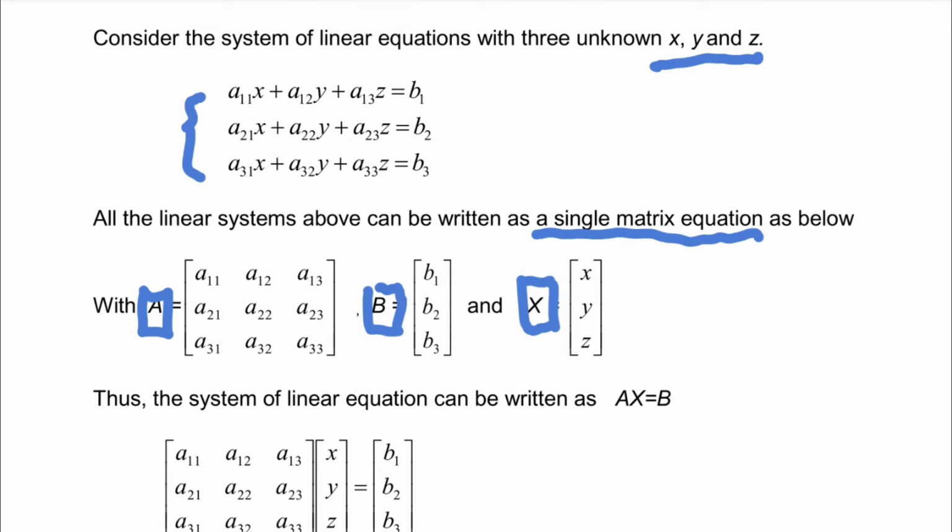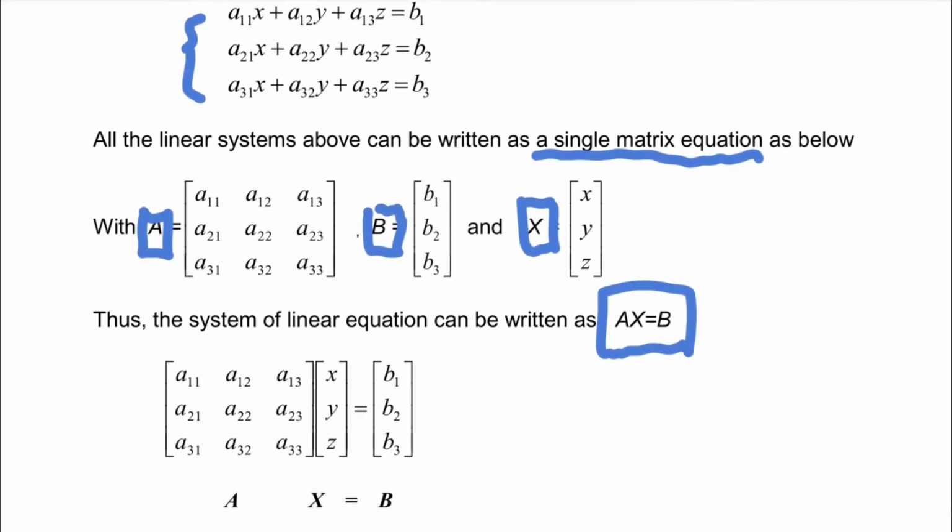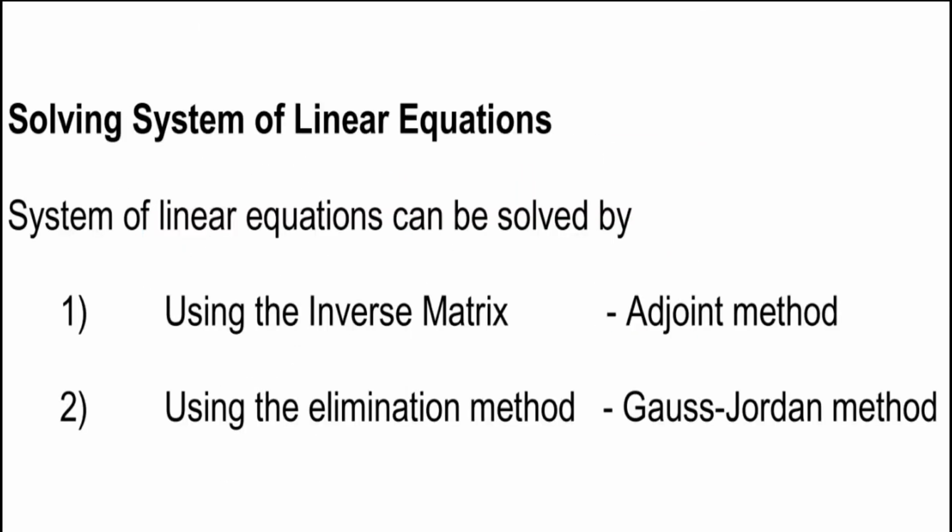Thus, the system of linear equations can be written as AX equal to B. In matrix form it is like this. Solving system of linear equations. System of linear equations can be solved by two methods.